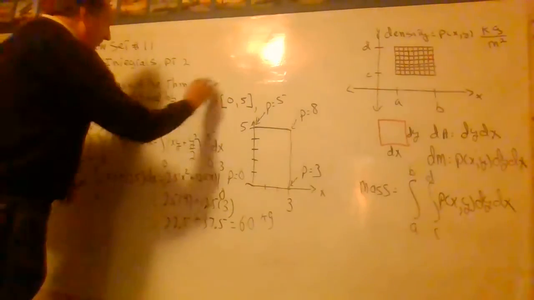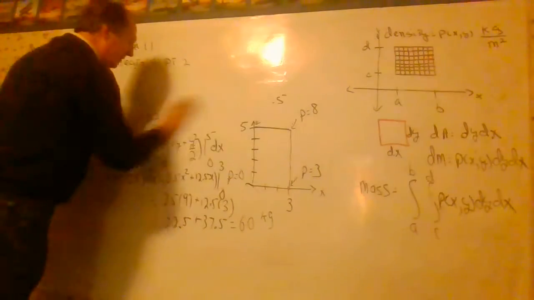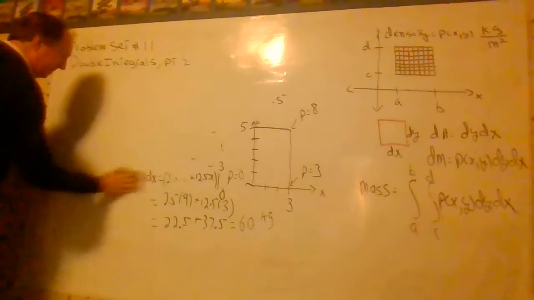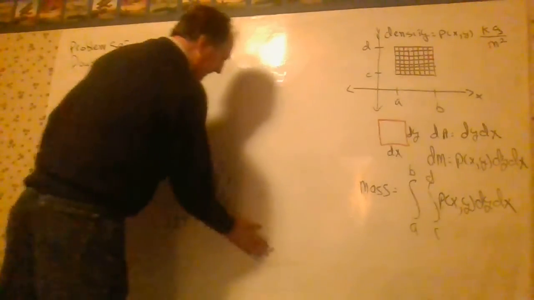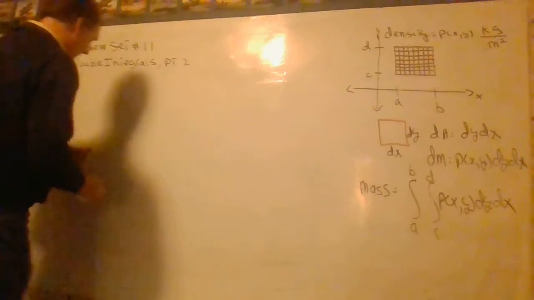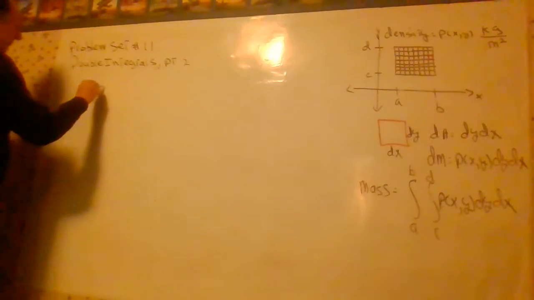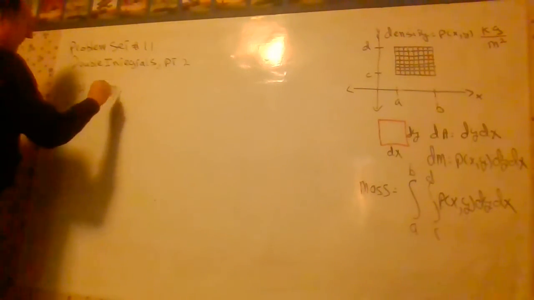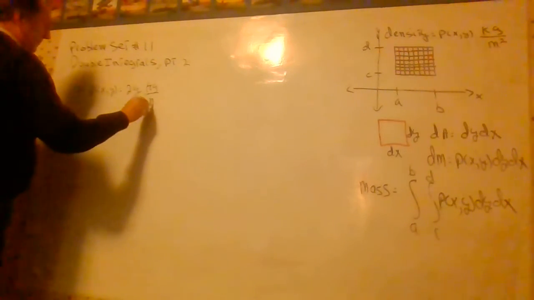Want to do another example, which is good. Good illustration. Number 2, let's suppose we have rho of xy is equal to 2y kilograms per square meter.